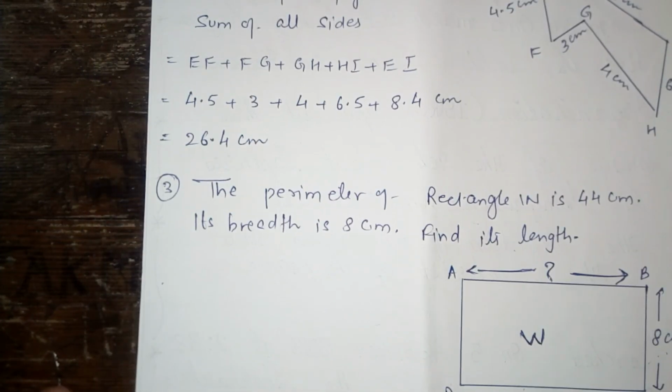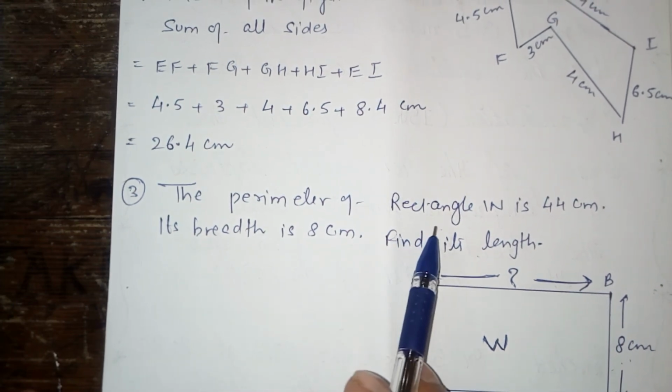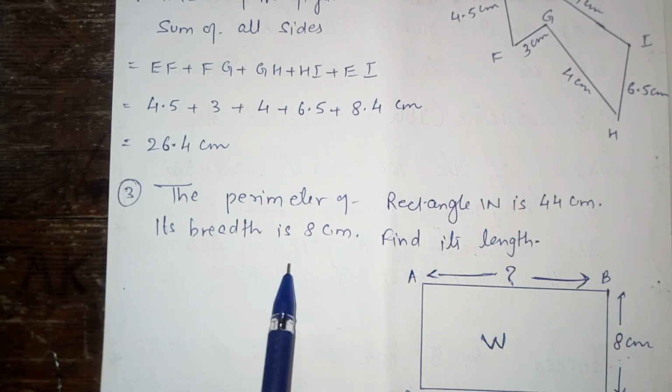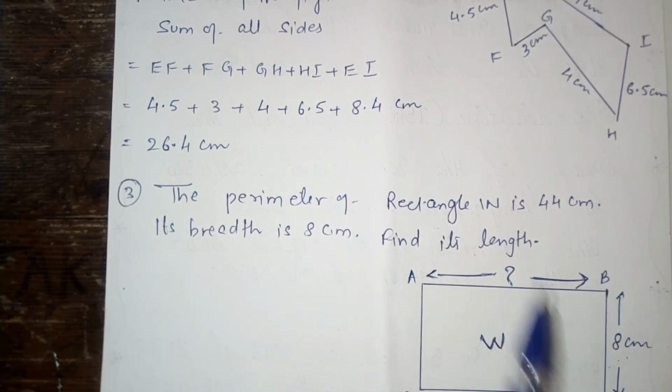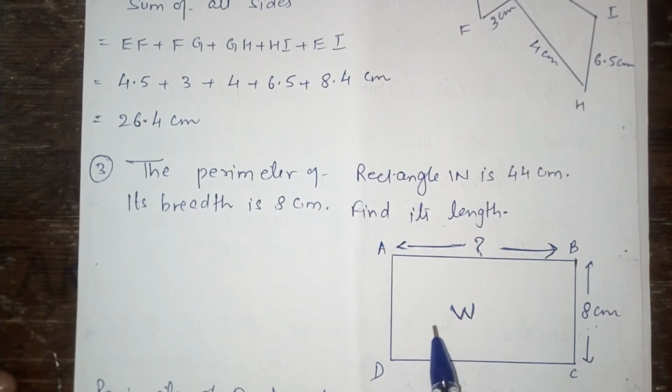Again, your question number 3 is: the perimeter of rectangle W is 44 centimeter. Its breadth is 8 centimeter. Find its length. So what we will do? In this question, ABCD is a rectangle.